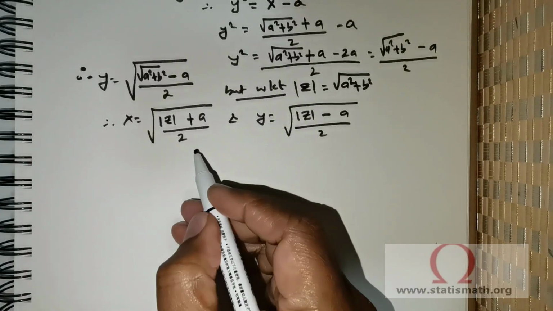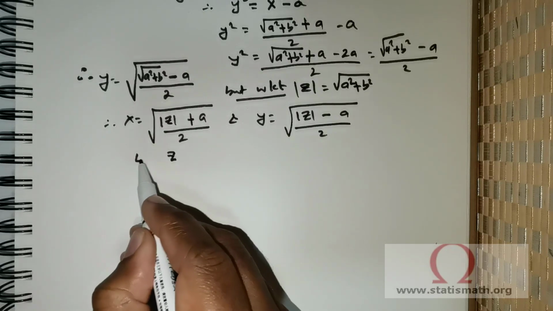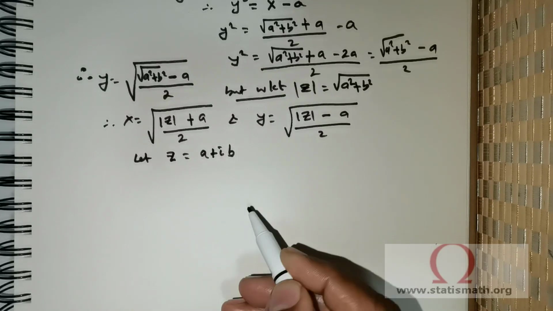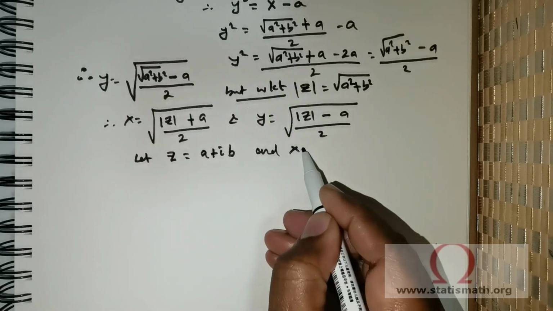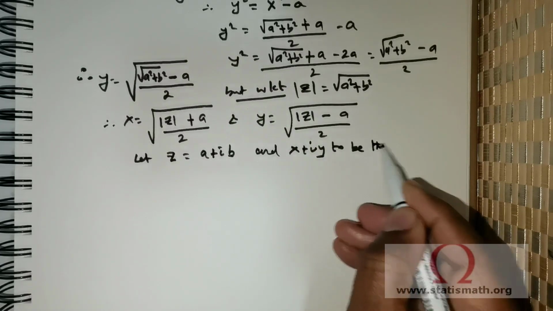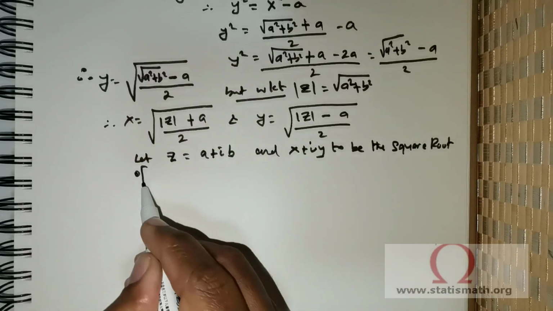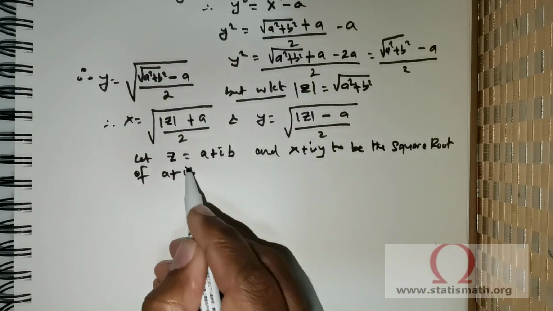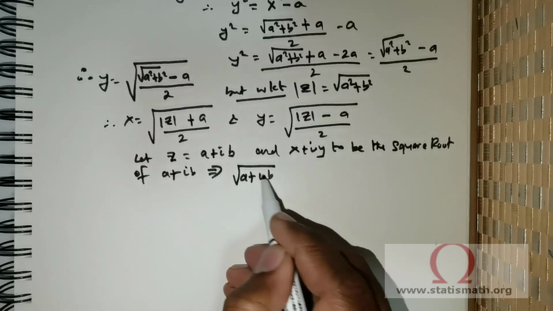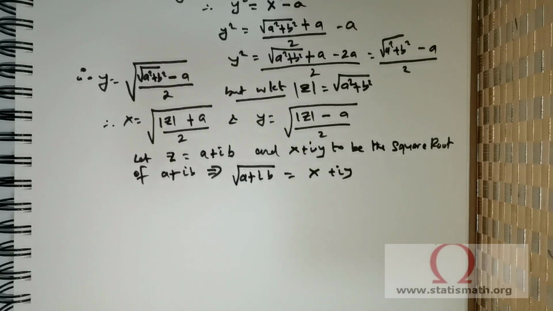Now when we started the problem, we assumed z to be equal to a plus ib and x plus iy to be the square root of a plus ib. So the meaning of this is the square root of a plus ib is actually x plus iy.